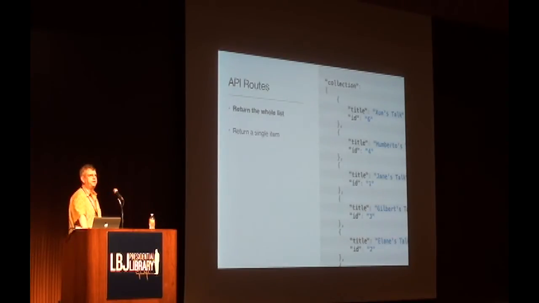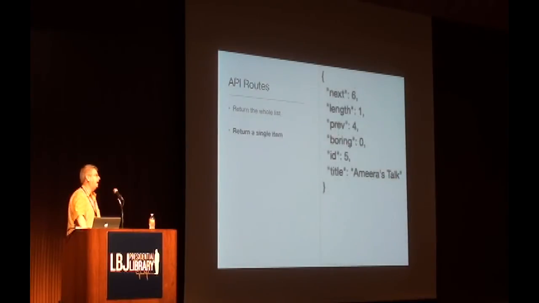API is a similar thing. So we want an API that we call out to and returns JSON that we're going to turn into views. So we want an API route that returns an entire list, and an API route that returns a single item.